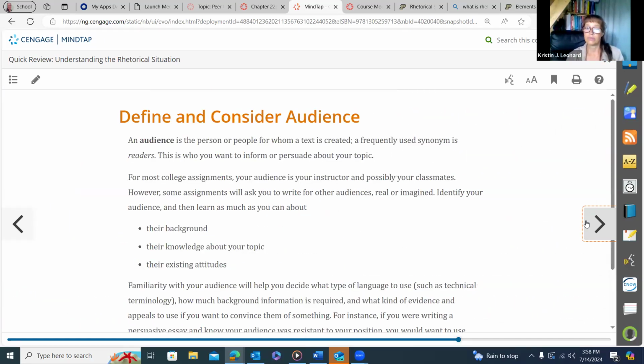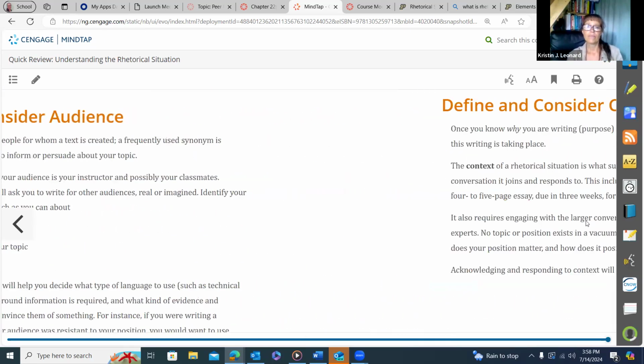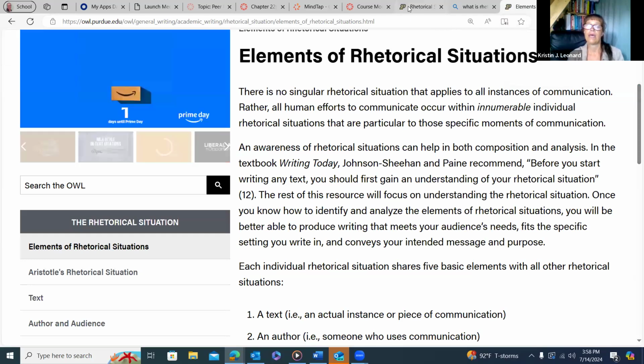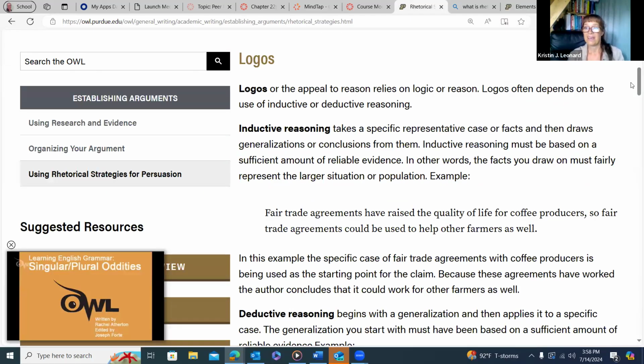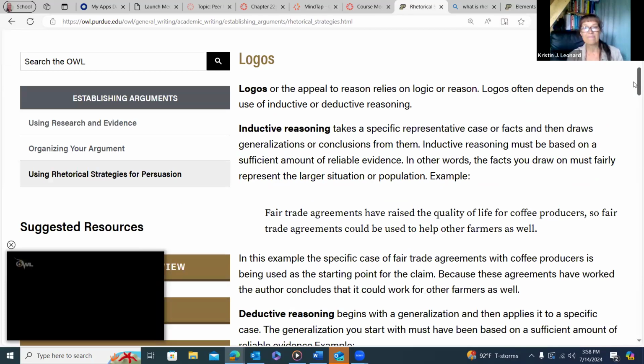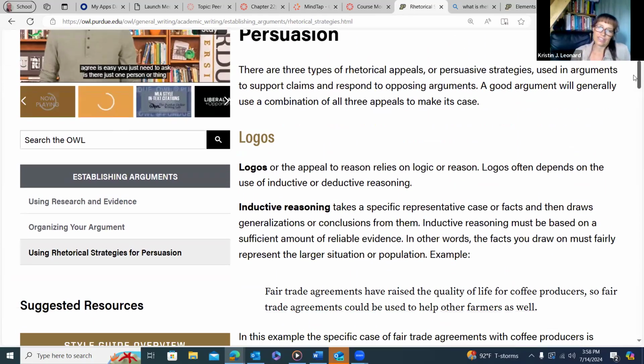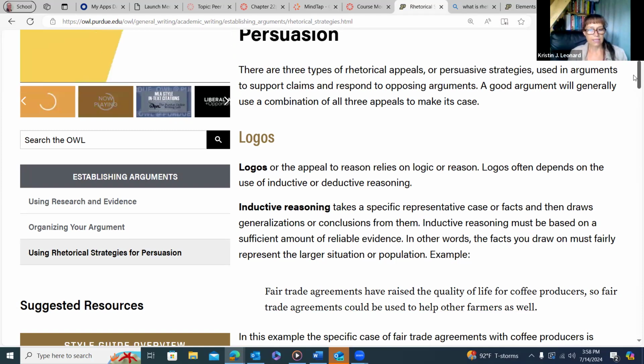So, yes, we talked about audience. Okay. So I'm going to go straight forward to something that you may already be familiar with: ethos, pathos, and logos. So these are 3 persuasive strategies that Aristotle identified that make an argument effective.